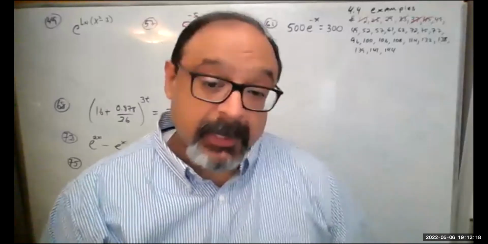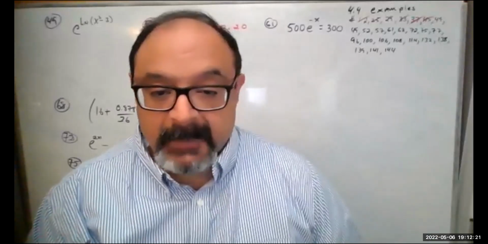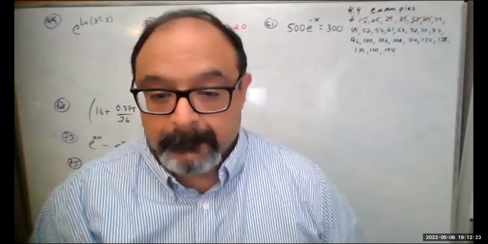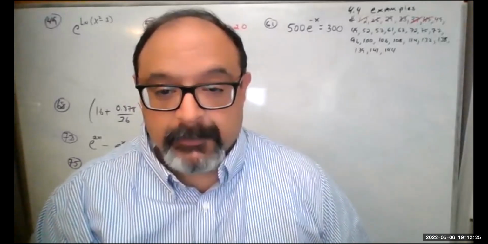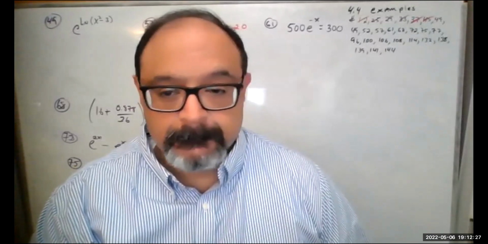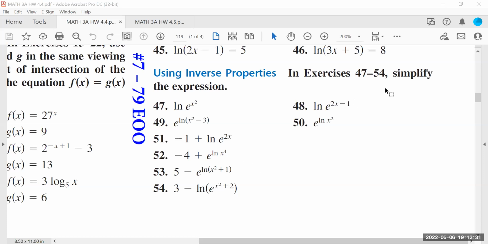Okay, for number 49, I've been in this spot before. All they want from the directions is to simplify the expression. So we have e to the natural log of x squared minus 3.